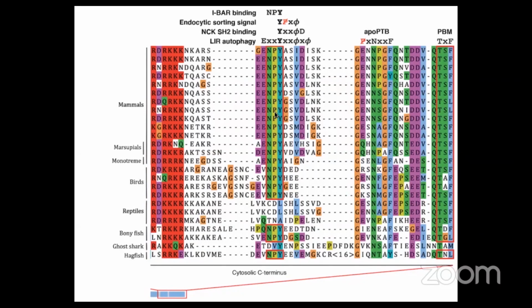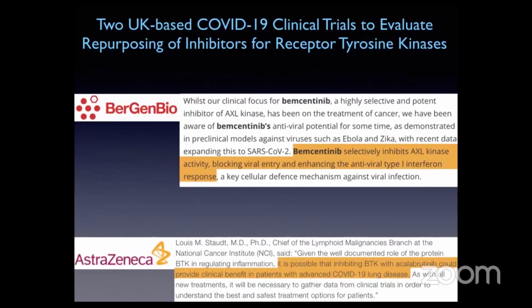Right. Now, what about drugging? Well, if we know where we are from validating, we can look for targets in the cell that we might be able to hit and therefore slow down the viral infection.